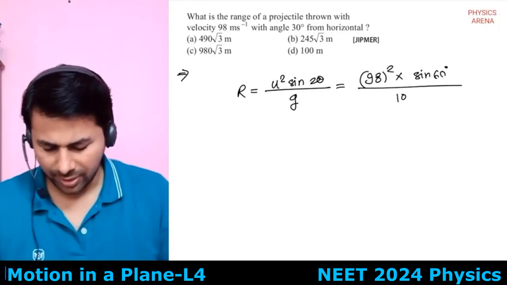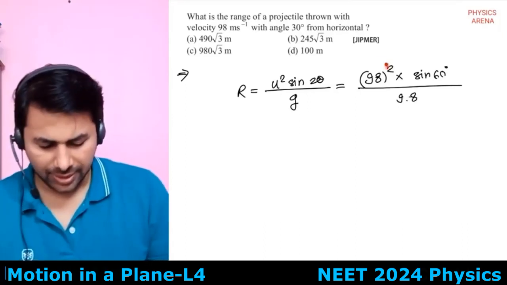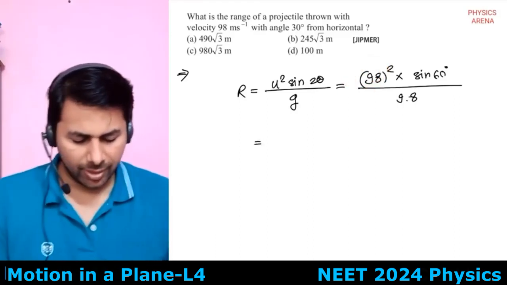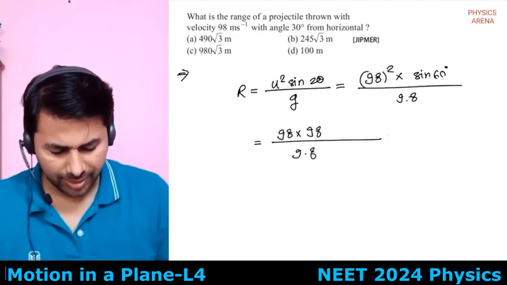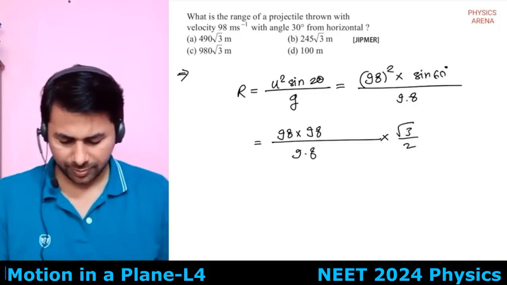Let's take g as 9.8 because here we have 98 square, so it will get cancelled out. So you have 98 multiplied by 98 upon 9.8, multiplied by sine of 60, which is root 3 by 2.